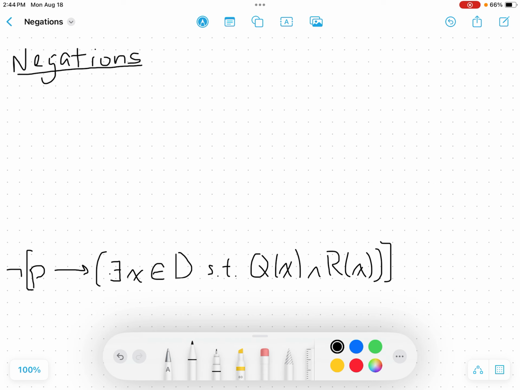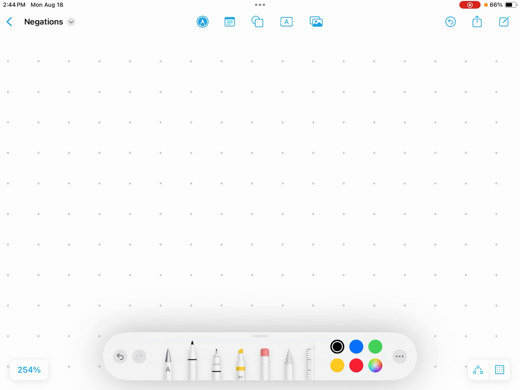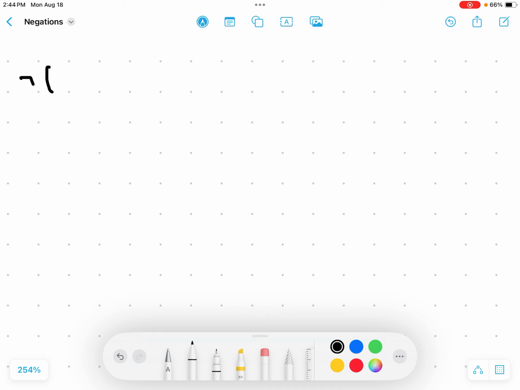So, before we get started, let's review a little bit of what negations actually do. This is sort of piecemeal knowledge, but let's zoom in a little bit. If we've got a statement that looks like not not P, a double negative, those cancel out. That gets us just to our original statement.